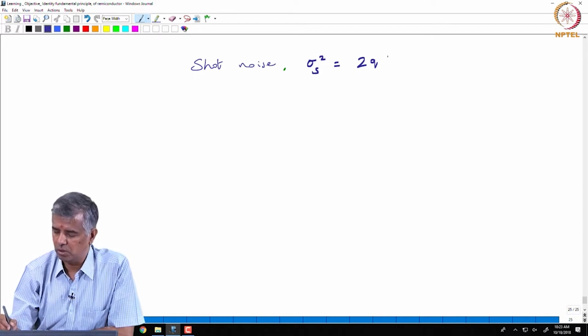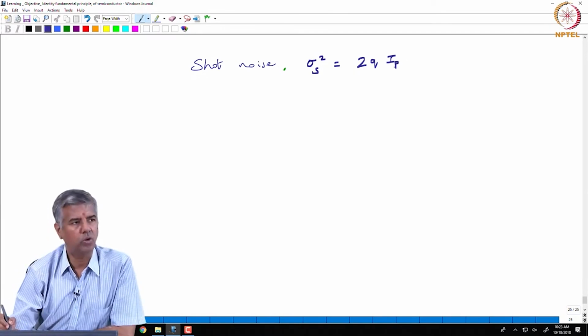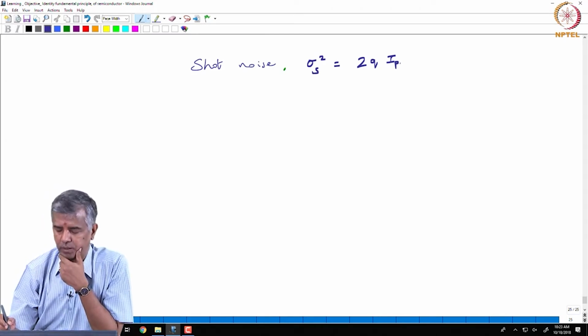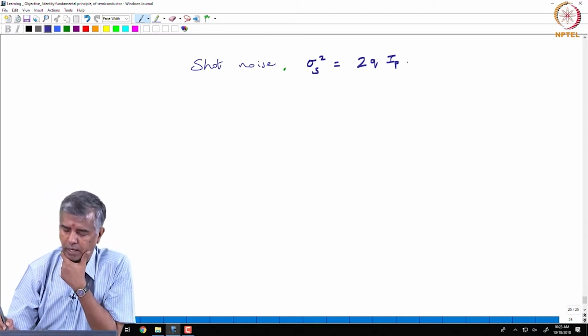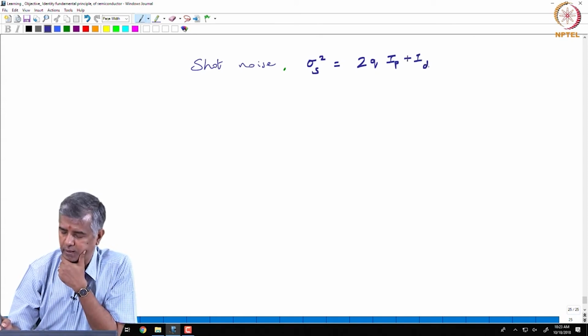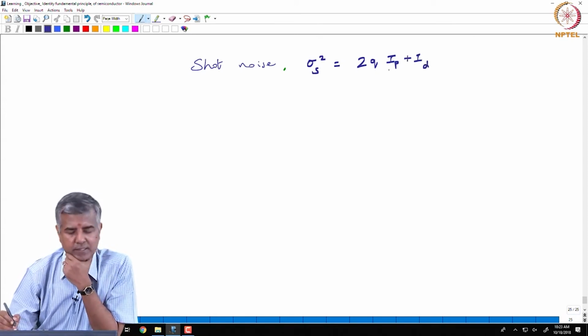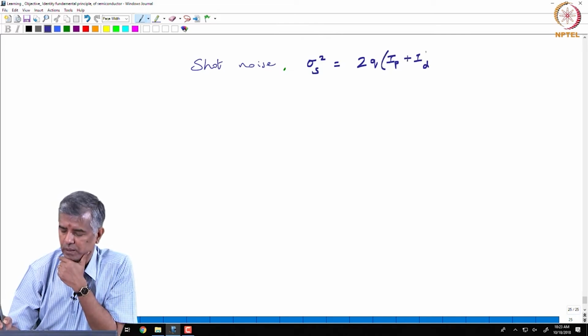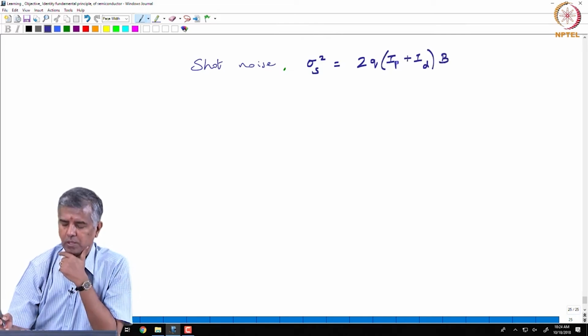So, 2Q multiplied by I_P, but there is also one more component that you typically have, and that component is called the dark current, multiplied by B.